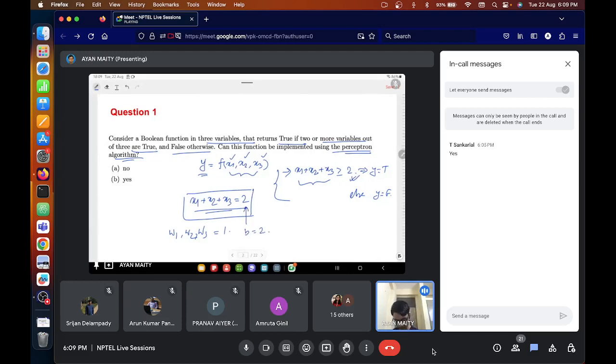Because in perceptron we write it like this: w1 x1 plus w2 x2 and so on, plus b equals 0. So w1 is 1, w2 is 1, w3 is 1, and b is 2. This can be implemented using the perceptron learning algorithm, because we can find these weight values w and b corresponding to the decision boundary. So the answer is yes.